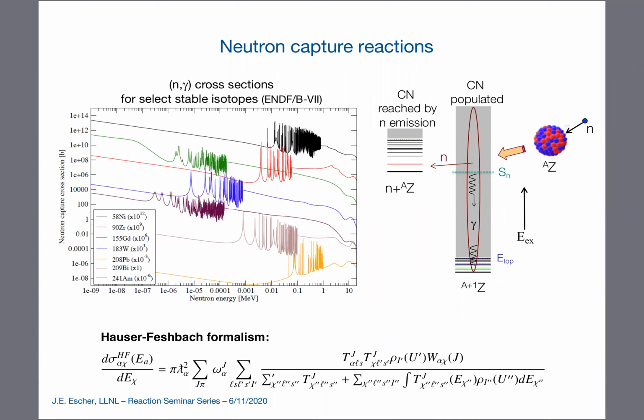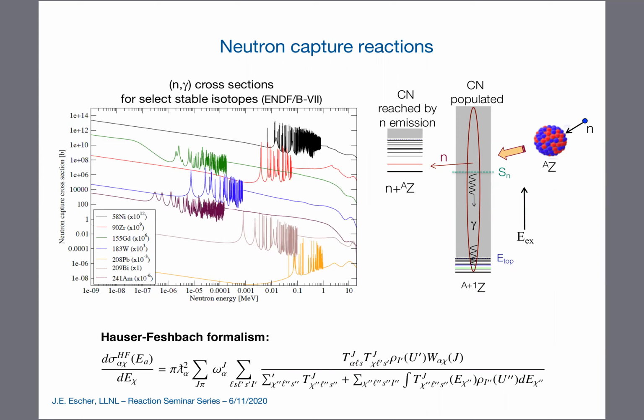And then the other transmission coefficient describes the probability for whatever you're interested in to come out. And we're interested in the gamma to come out. So that is the gamma transmission coefficient, and it's related to the gamma ray strength function. The rho is the level density in the nucleus where you're ending up.